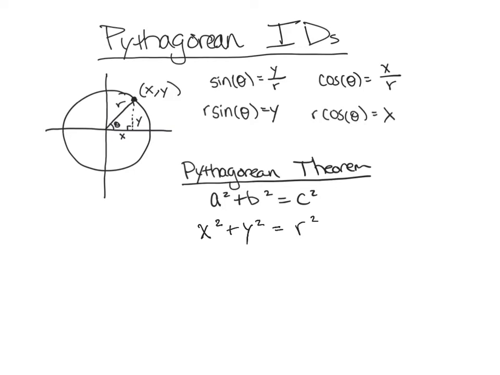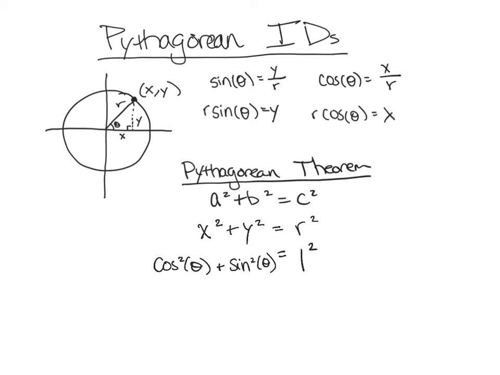If we call this the unit circle, r is just 1, so this will be 1 squared. We know that x is our cosine value, so we write cosine squared theta, remember to put the squared in the middle, plus our y value, or sine squared theta. We're not putting r in front of those because we're assuming r is 1.